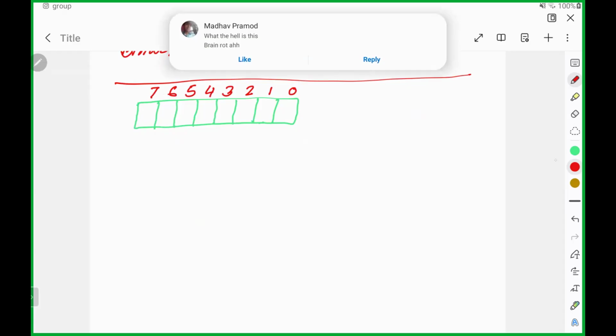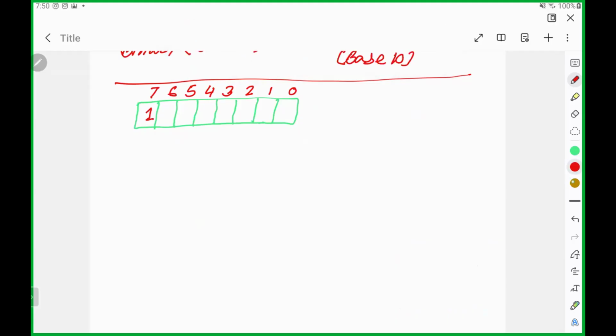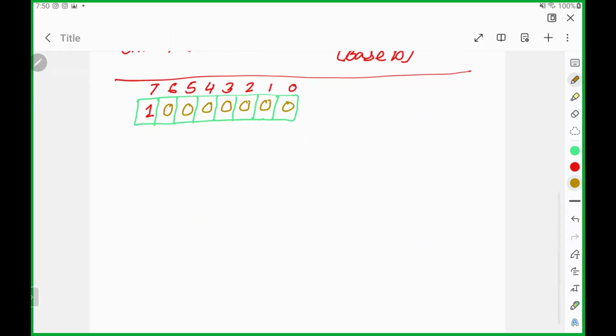If I have a 1 in the 7th position and the rest of the bits are 0, then this is the most significant bit, and this other end is the least significant bit, LSB. The most significant bit has the highest value.